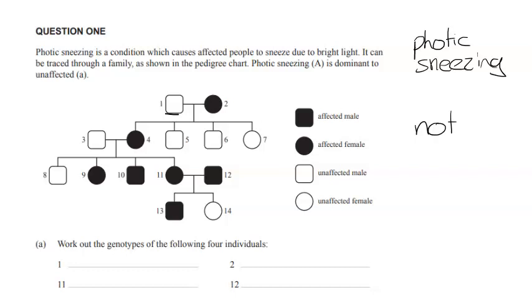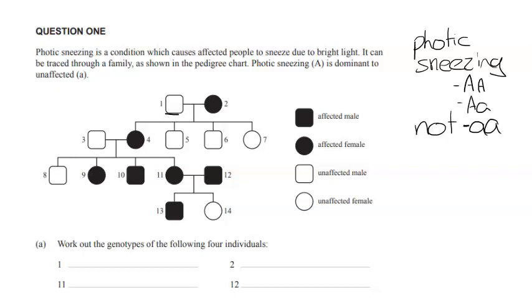So anybody who is unaffected, showing the unaffected phenotype, they can only have one potential genotype, and that would be lowercase a, lowercase a. Any individual that does have photic sneezing could be capital A, capital A, or capital A, lowercase a.